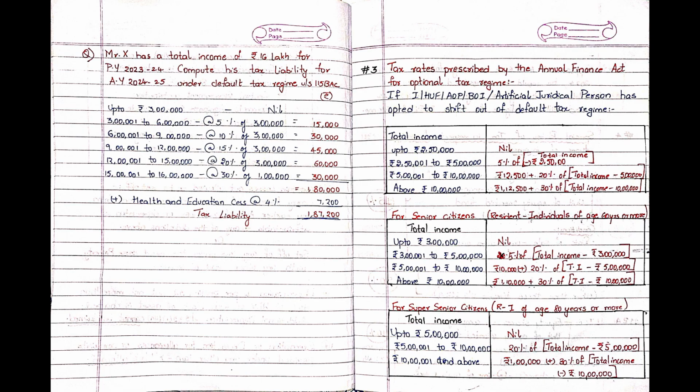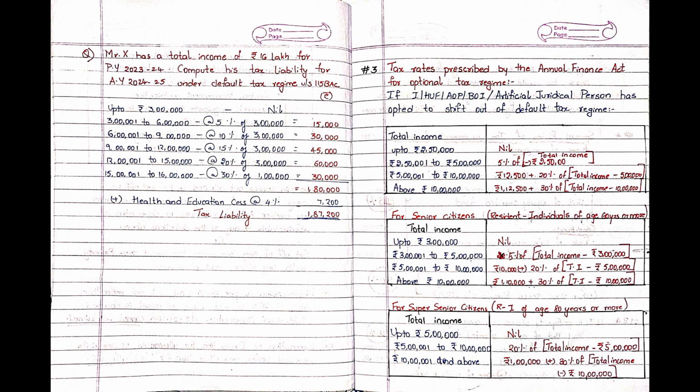Now let us go through one illustration. Mr. X has a total income of rupees 16 lakh for the previous year 2023-24. Compute his tax liability for assessment year 2024-25 under the default tax regime under section 115BAC. We know that up to rupees 3 lakh, the tax rate is nil.